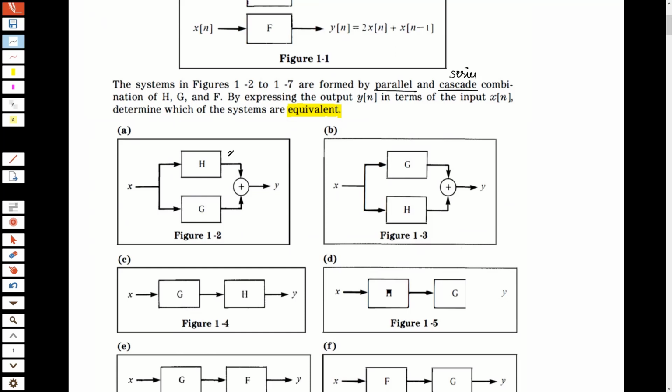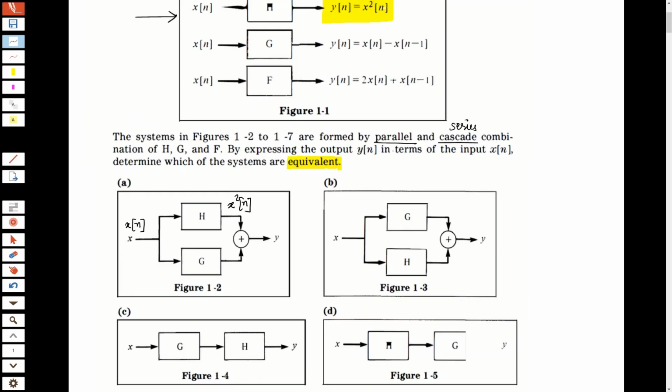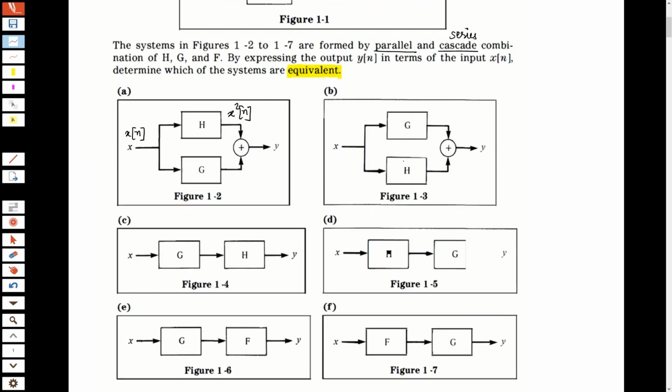So this would have been x squared [n] if this was the input, and G gives us x[n] minus x[n minus 1]. Okay, and we can clearly see that output y is nothing but this term plus this term. Okay, so I'm going to write it separately, maybe below.